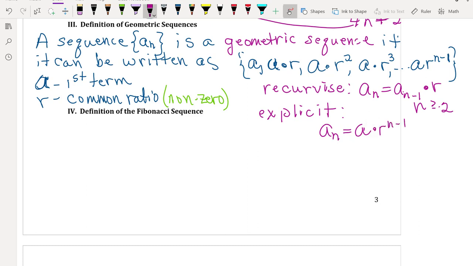All right, so then we have the special sequence that I talked about in the last video, which is the Fibonacci sequence. And this sequence is defined recursively.